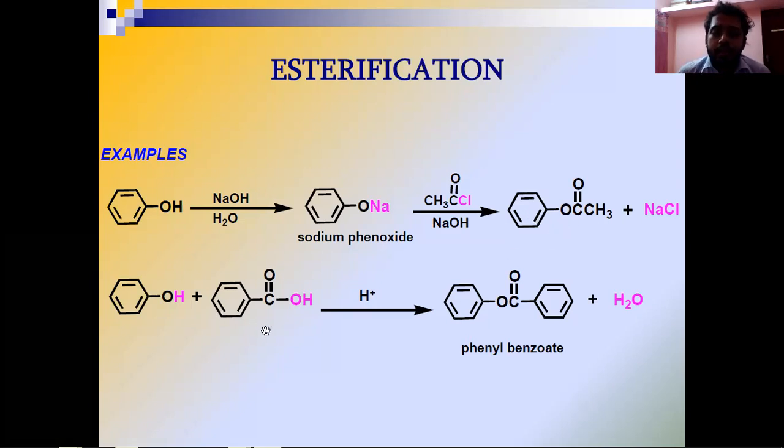Here an example is shown where an alcohol reacts with acid to form an ester. So there are two methods of producing an ester in phenols. One is you first react with sodium to make it a sodium salt, and then react with an acyl halide, or you can react with an acid, an aromatic acid or an aliphatic acid, to form ester linkages.